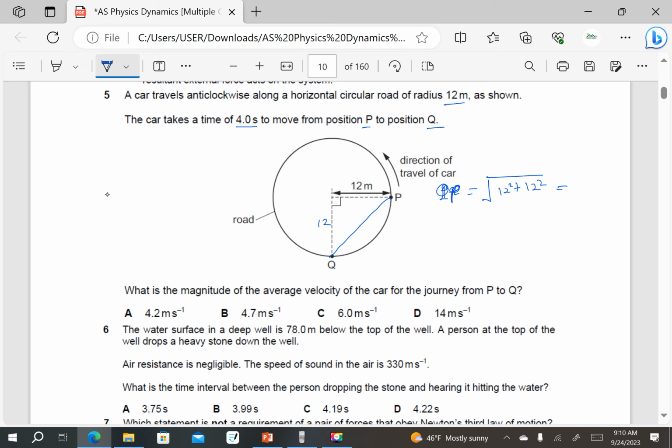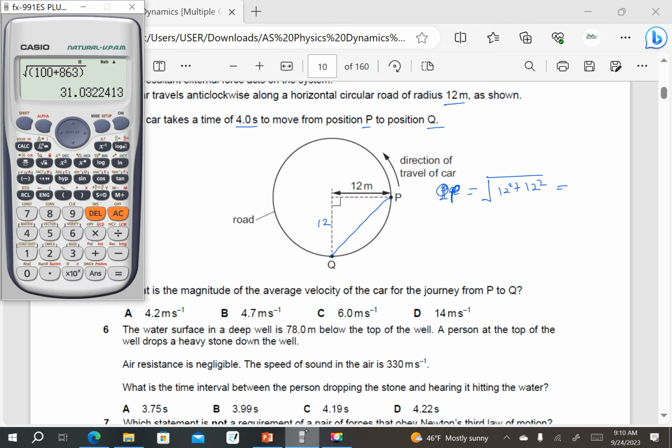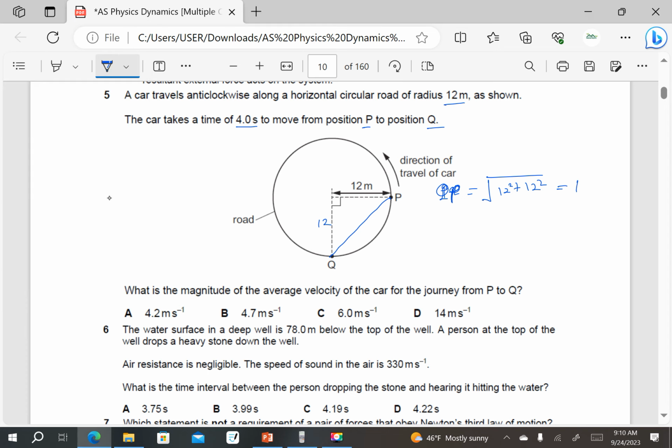Taking the root of the answer, it is 16.97.